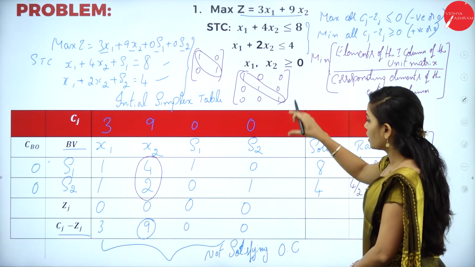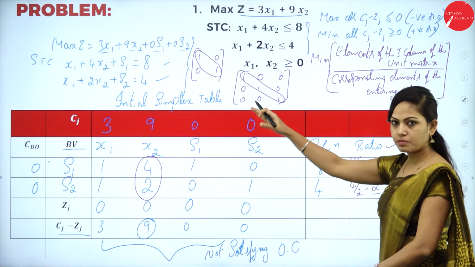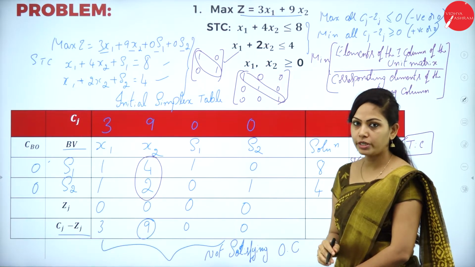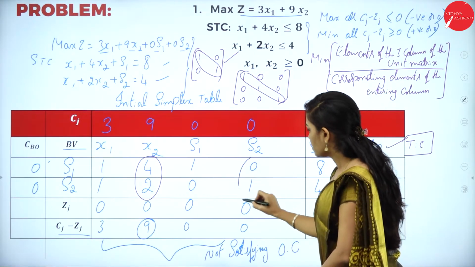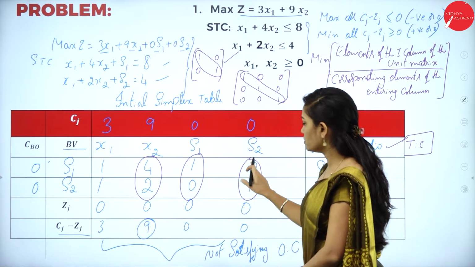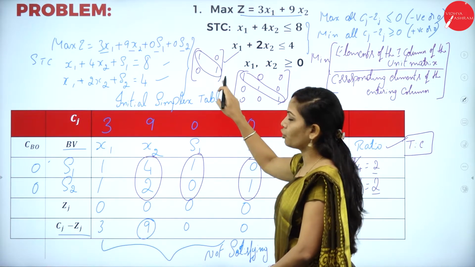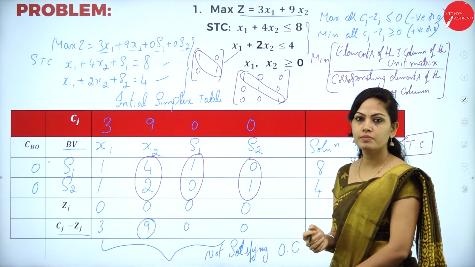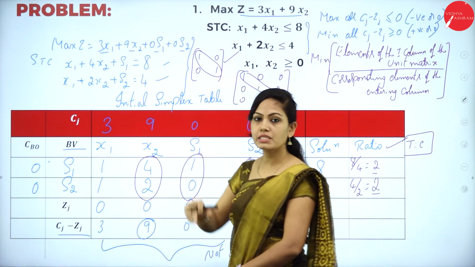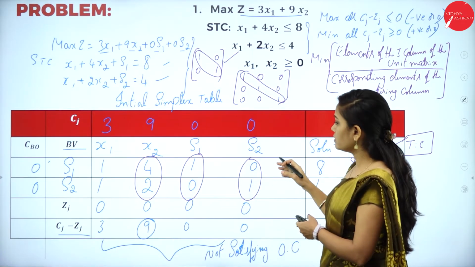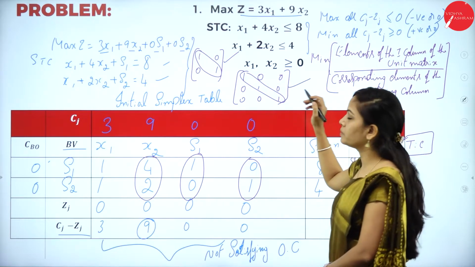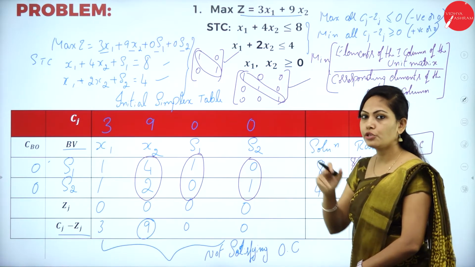Here I have only 2 variables, so in this problem I can select only a 2 cross 2 unit matrix: 1 0, 0 1. This is one unit matrix, right? In this problem I have only 2 variables, that is x1 and s2. If you get 3 variables, obviously you will get a 3 cross 3 unit matrix.